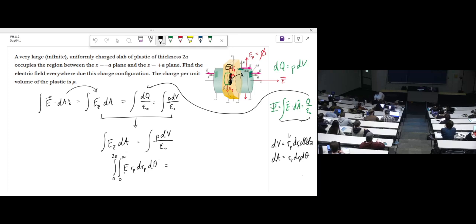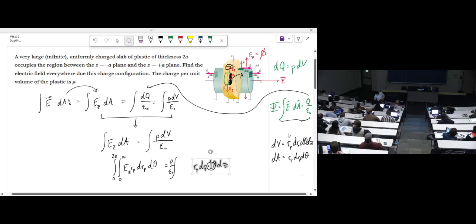But then on the right-hand side, I've got rho over epsilon naught. Both of those are constants, so let's pull those out. I've got r sub p dr d theta dz. And I guess I need to move that over so I can write this as a triple integral.